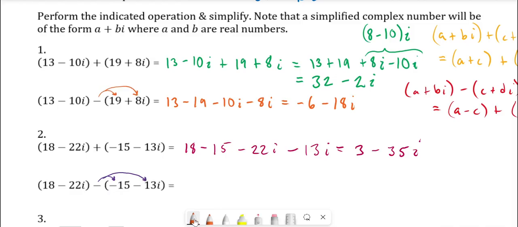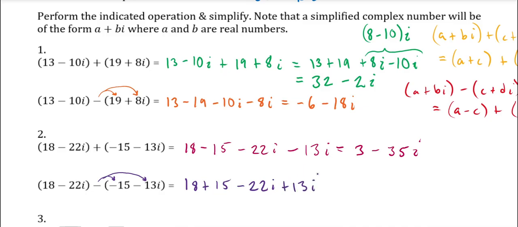We need to make sure that the negative sign attaches to both of these and changes their sign appropriately, which would give us 18 plus 15 for my real part, and then minus 22i plus 13i for my imaginary part. So what are those? Looks like 33 for my real part, minus 22 plus 13. That's going to give me minus 9i for my imaginary part.